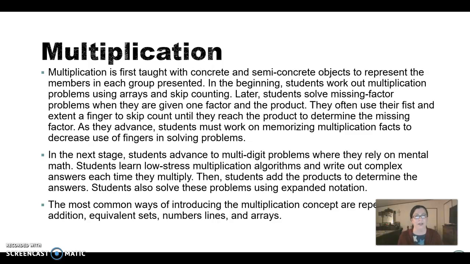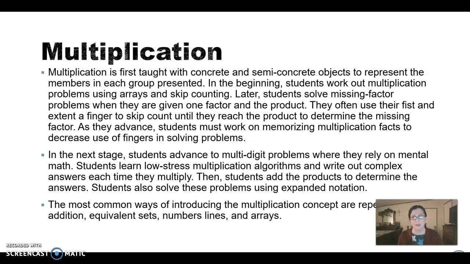Okay, so moving on. For multiplication, in the next stage, students advance to multi-digit problems where they rely on mental math, memorizing those multiplication facts. And then students learn low-stress multiplication algorithms to write out complex answers each time they multiply.